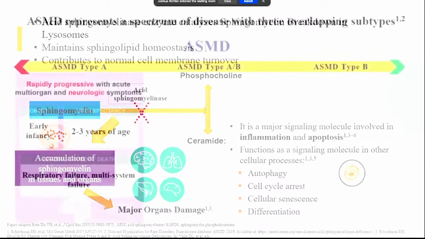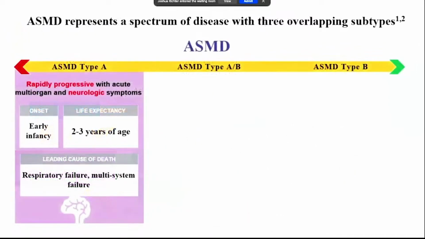There are three types, actually two types, A and B, but there is an intermediate type, an overlap between the clinical findings of A and B. Type A is a rapidly progressive disorder with neurological manifestation, and the onset is early, in early infancy. The life expectancy is short, and the main causes are respiratory failure and multisystemic failure.